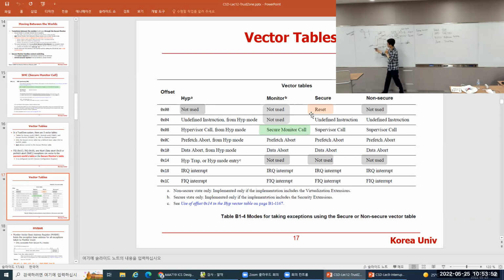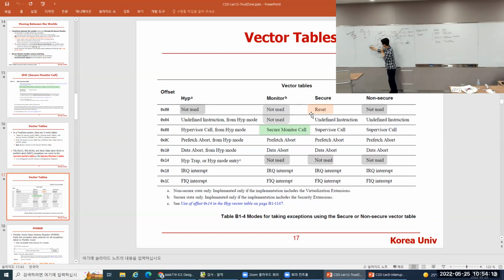In ARM, we have the translation table base register, TTBR. Translation table, virtual address to physical address. So TTBR is a system register.